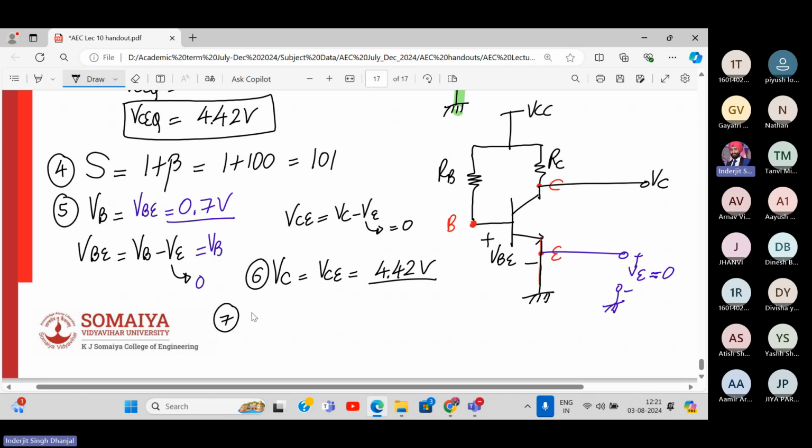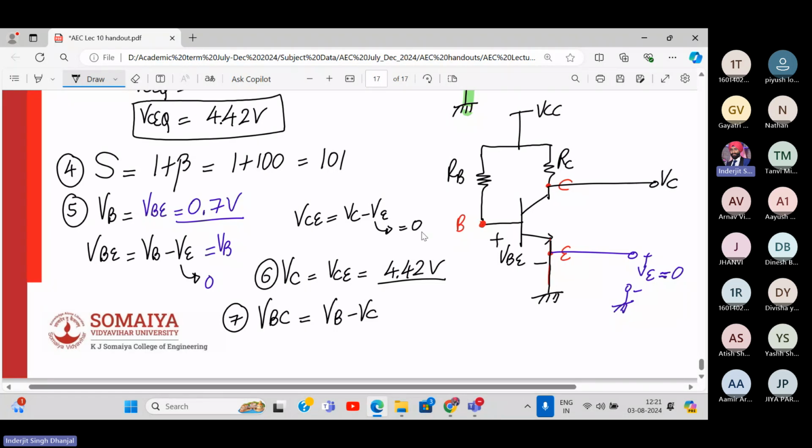And how much is VBC? VBC is VB minus VC. That is 0.7 minus 4.42. VBC is minus 3.72. Yes or no?